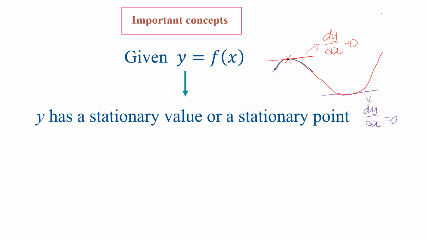When you ride to the highest point, you stop for a while before all the screams come in. So all these points where you paused are called stationary points. And that is when you can draw a tangent line which is horizontal to the x-axis, and that is when your dy/dx is equal to 0.